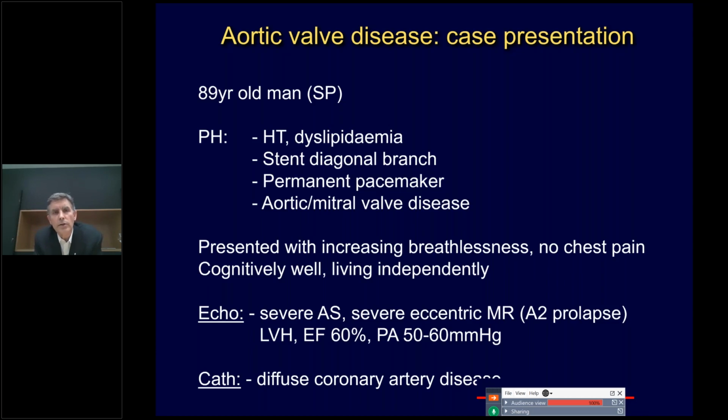He's 89 years old. He has a few risk factors for coronary disease. He has some coronary disease. He had a stent in his diagonal branch about 5 years ago. He's had a permanent pacemaker for some conduction delay. He's been known to have aortic and mitral valve disease for some years, but has been doing well until the last 12 months or so, when he became increasingly breathless.